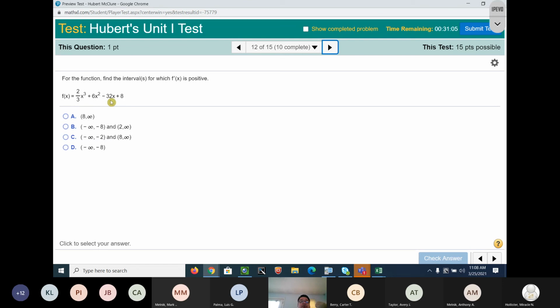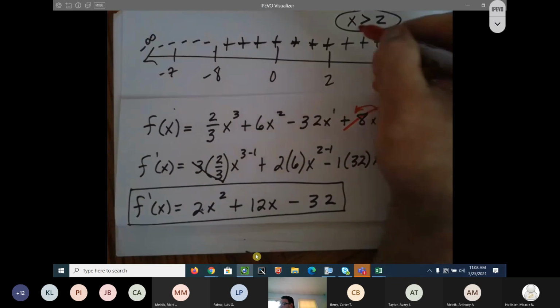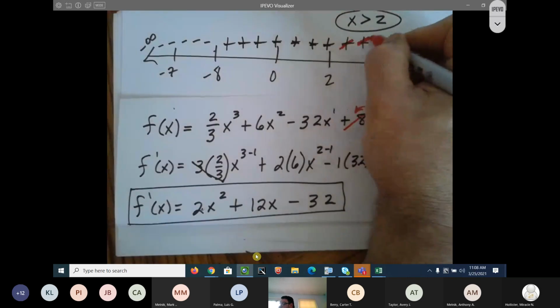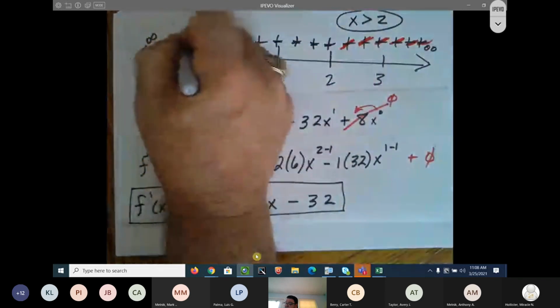Minus 64 is going to give us a negative. So 2 is going to give us negatives. I'm sorry, I told y'all wrong. You got to plug it into the original, not the derivative.